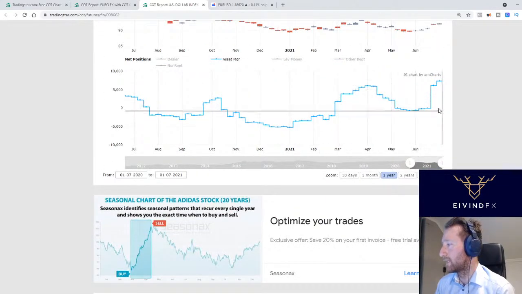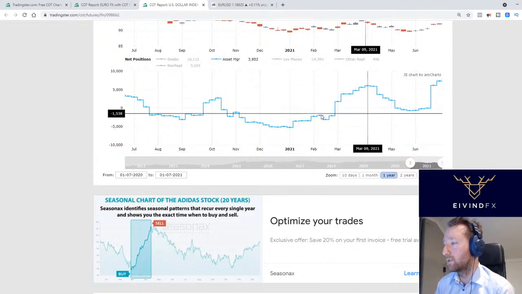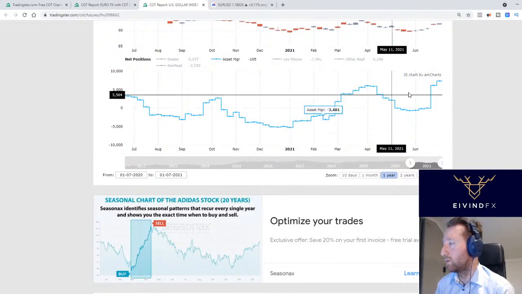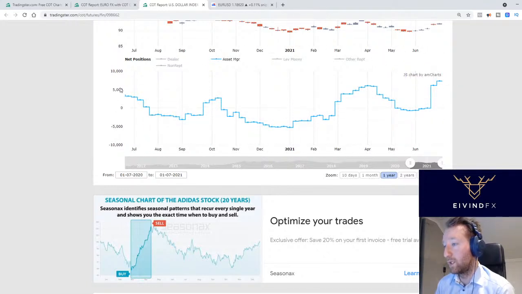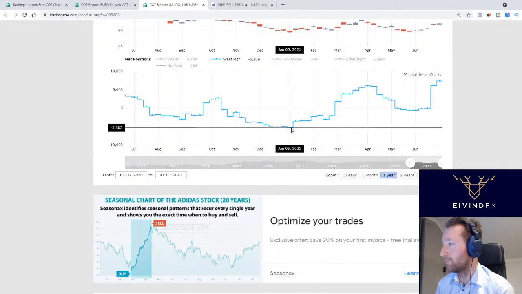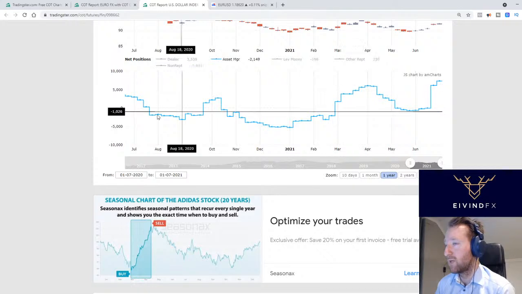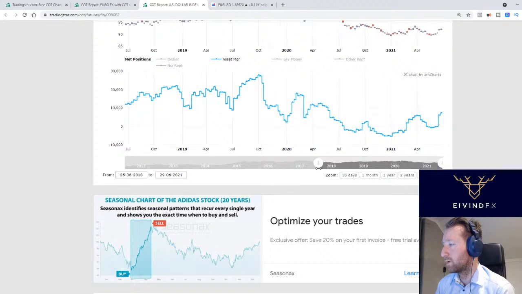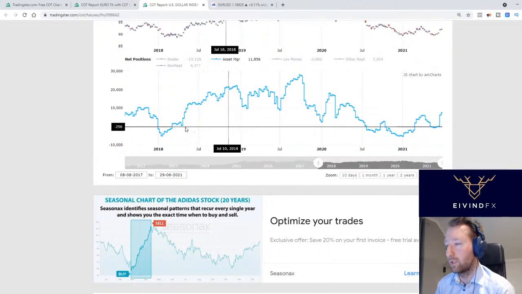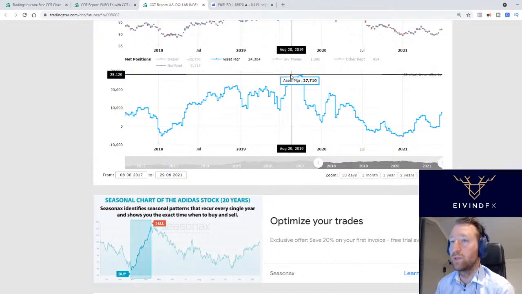We are currently seeing an increase in the buys. Throughout 2021, we have only gone bullish on the COT, and throughout 2020, we were falling. So we are above the April high on the COT. Does that bother me? Is that interesting? Well, historically, from 2018, we had a high around 1st October 2019.